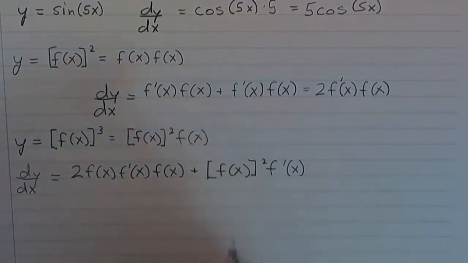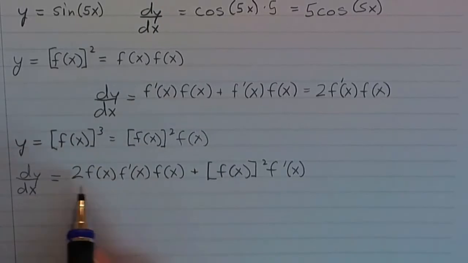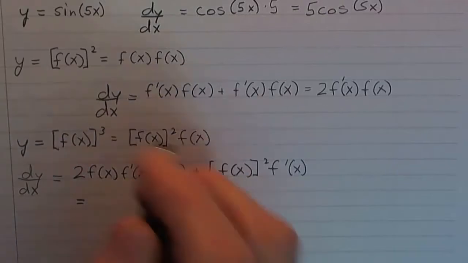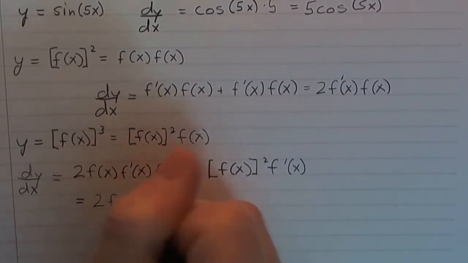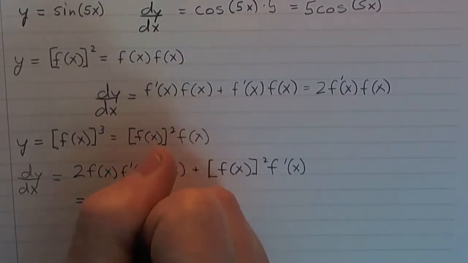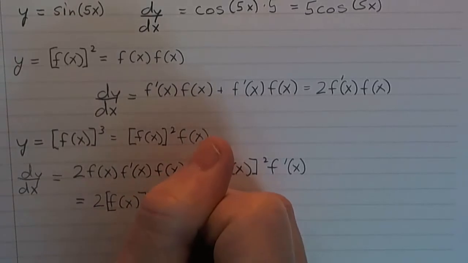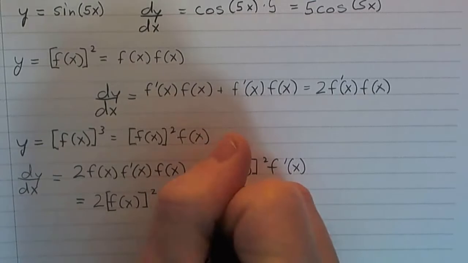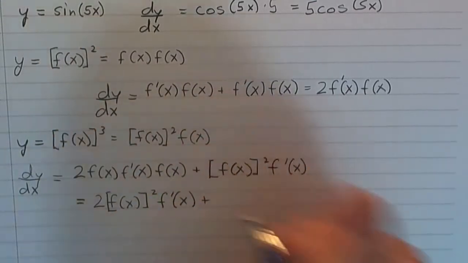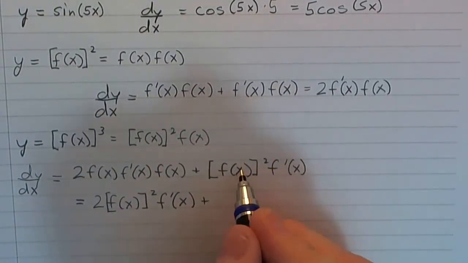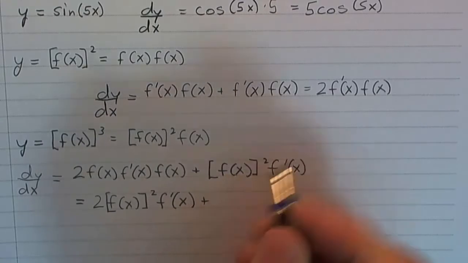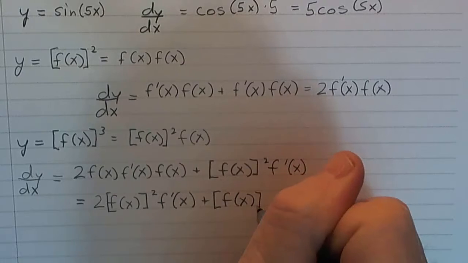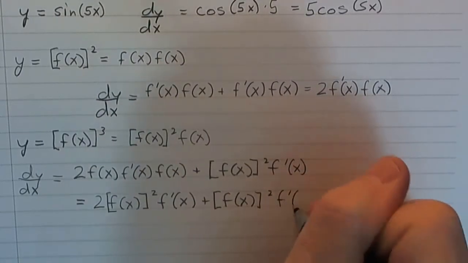Now, let's see what this is. Notice how this looks. We've got 2 f of x times f of x. That's 2 f of x squared times f prime of x. Plus, here I've got f prime of x and f of x squared. So I've got f of x squared f prime of x.